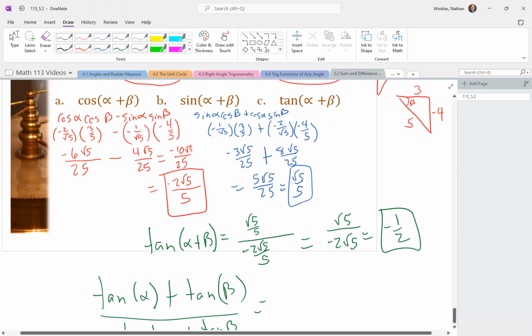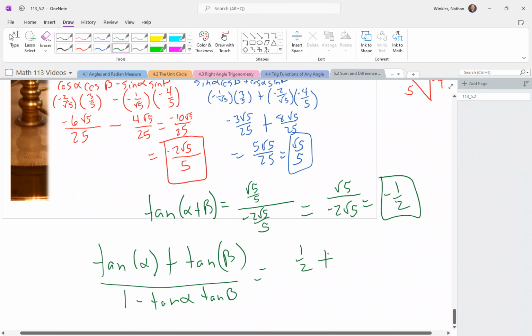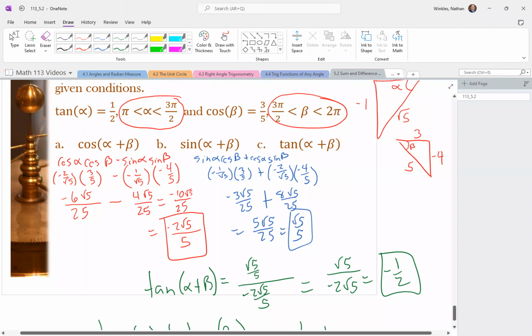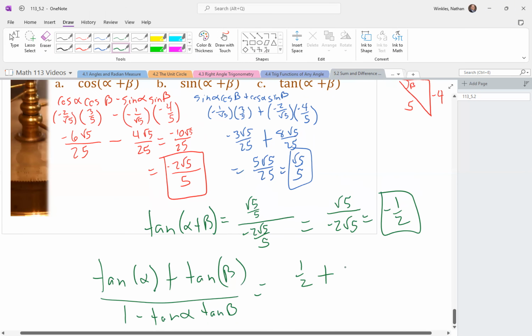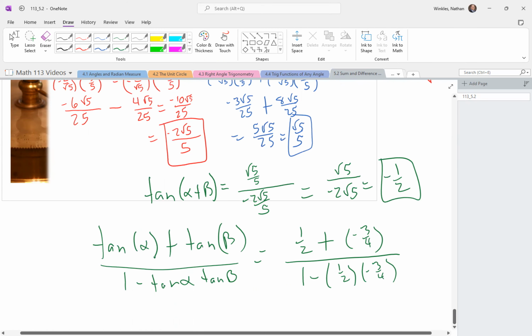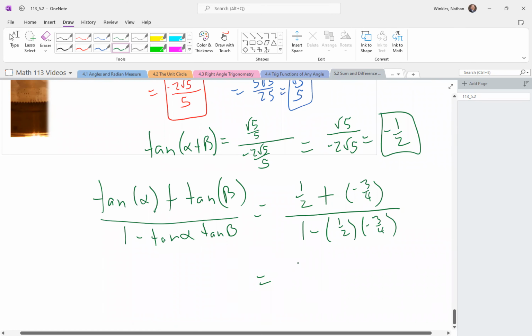So tangent of alpha is 1/2. Tangent of beta is going to be -3/4. Over 1 minus tangent of alpha, which is 1/2 times -3/4. So this gives me 1/2 minus 3/4 over 1 plus 3/8.